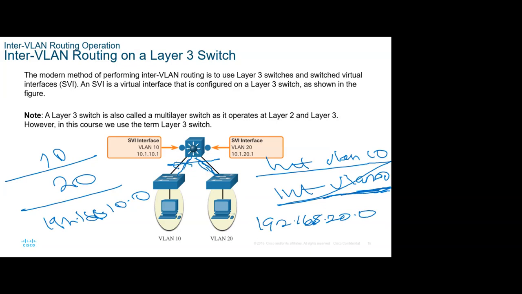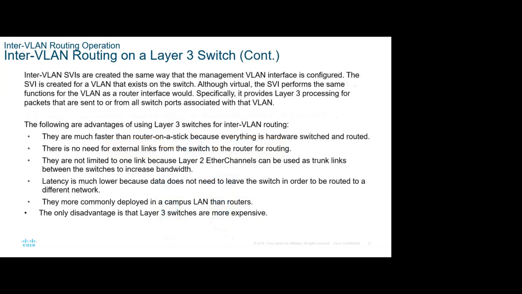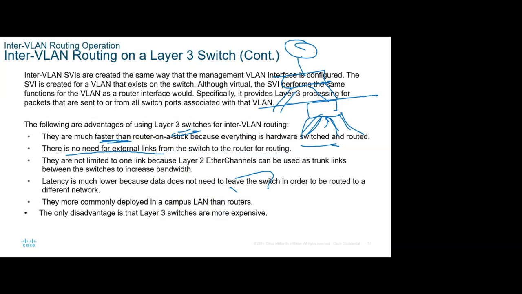You group the two. If this is gigabit Ethernet and you've combined the two, then the speed is going to be 2 Gbps, or 2000 Mbps. You see that you will have increased the speed and the performance. It is supported here, but I don't want to go into details because there is a separate chapter about EtherChannel. Four, latency is much lower.